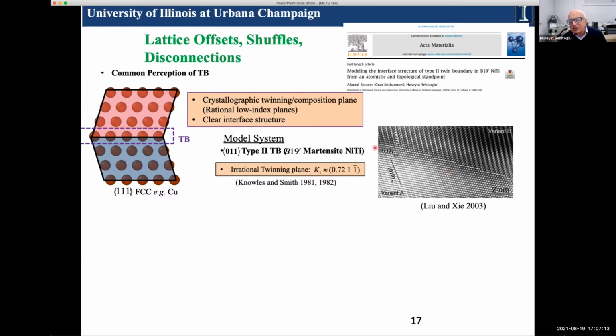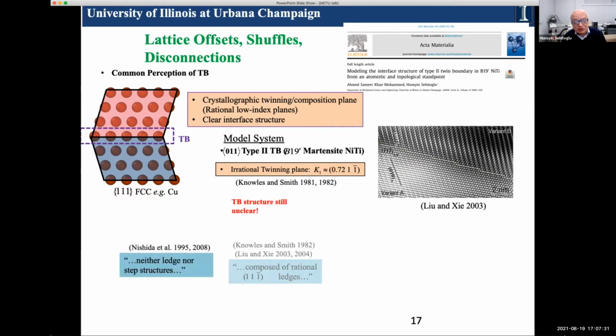It has some regions which are high index planes, like 111, but there are these ledges. So the resultant plane is irrational. The twin boundary structure is not clear. There are some experimental observations of this, such as this, and by others, but we wanted to understand this structure.